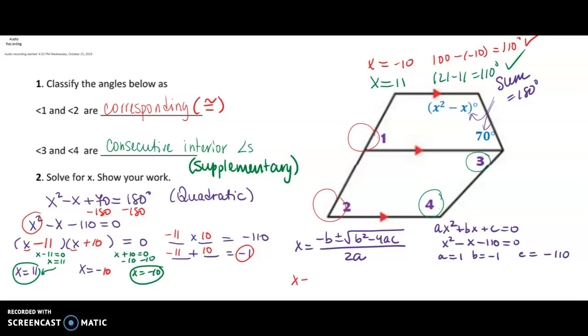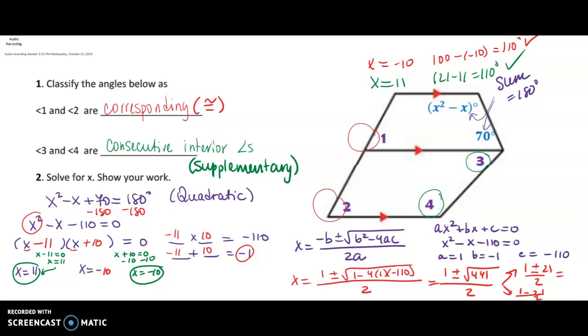So your x values would be negative negative 1, which is 1, plus or minus the square root of 1 minus 4 times 1 times negative 110, all over 2a, so 2 times 1. So we get 1 plus or minus the square root of 441, over 2. And I get two solutions: 1 plus 21 over 2 and 1 minus 21 over 2.